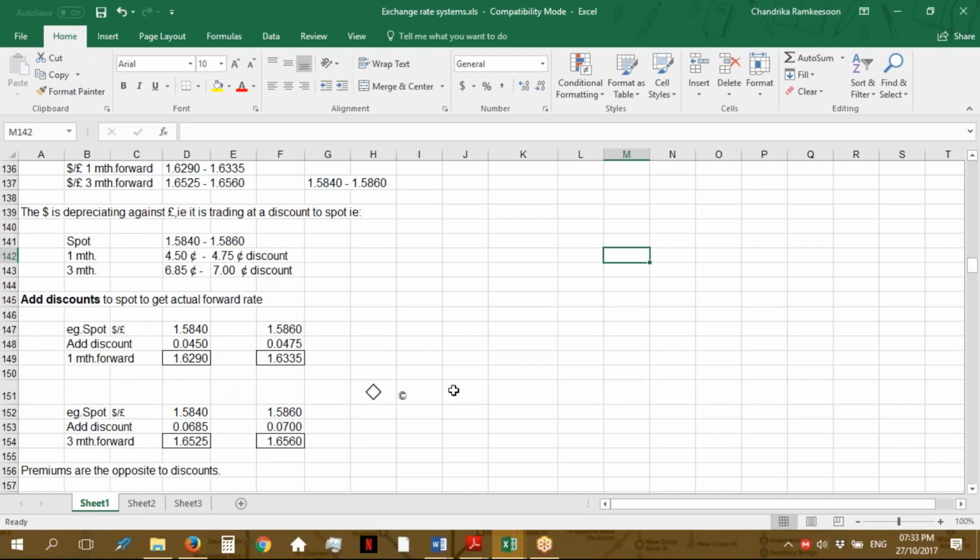Now you might be saying, but how then are we expected to know? Well, I'll tell you. With discounts, the first part of the discount, the one which is applied to the sell-in, is always lower than the other one which is applied to the buy-in. And with premiums, it's the opposite.